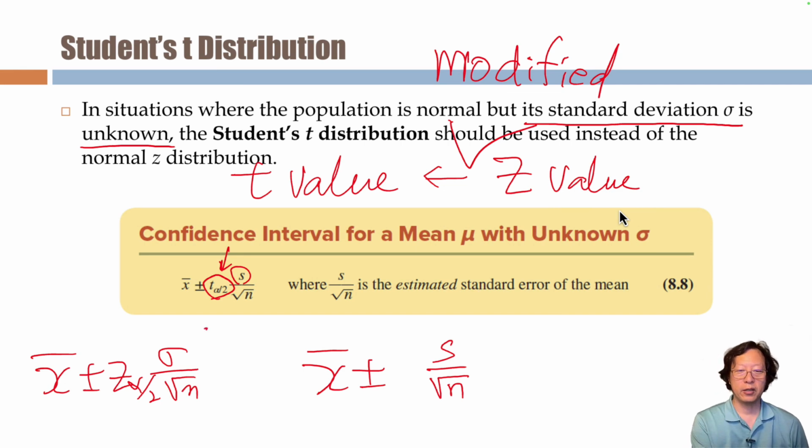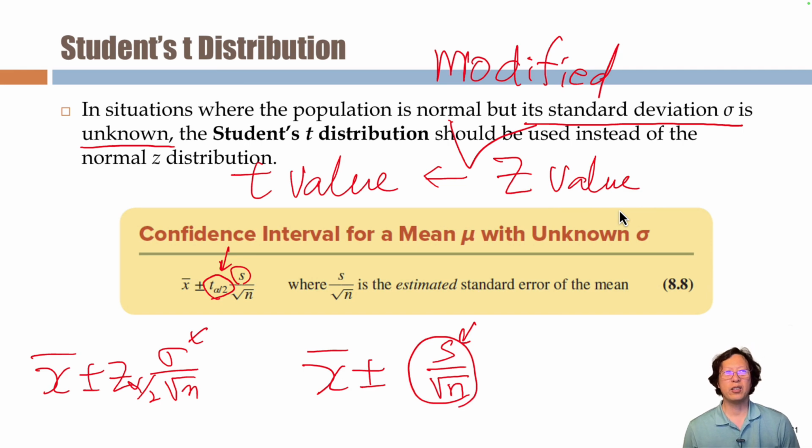When we know the standard deviation, I can tell this is the value. However, when we have to use S, the sample standard deviation, you are not sure about this part.